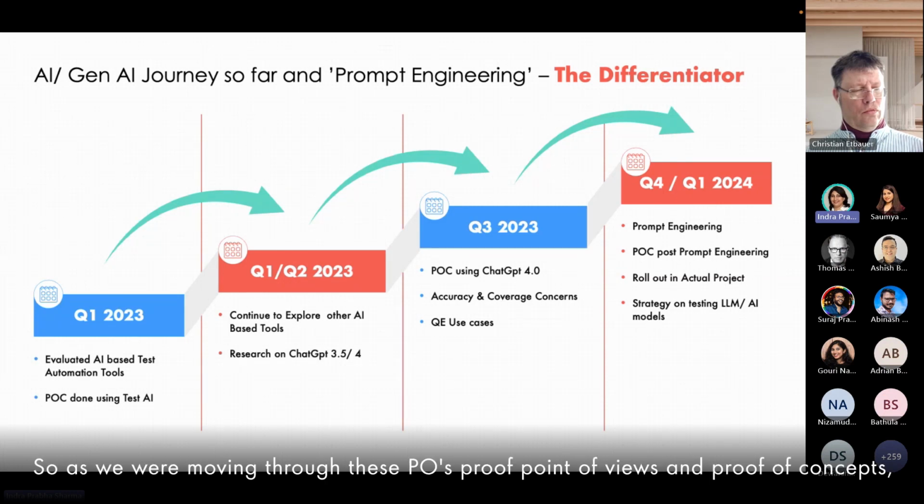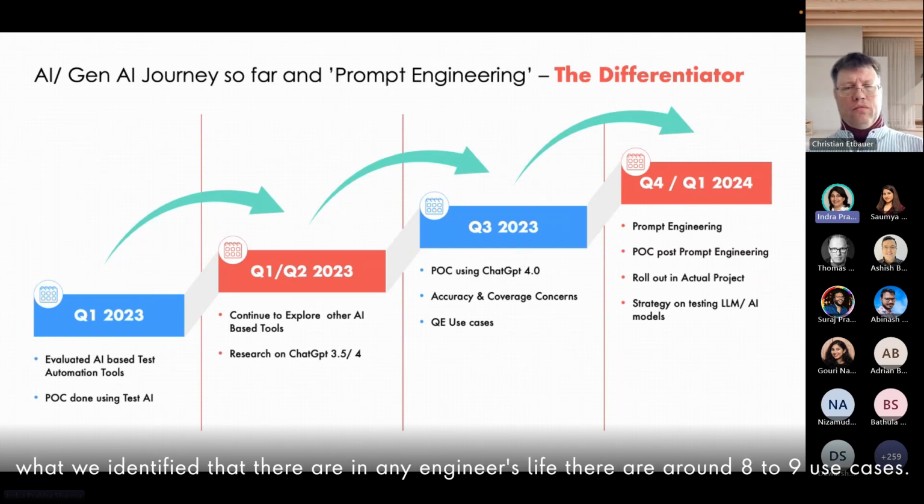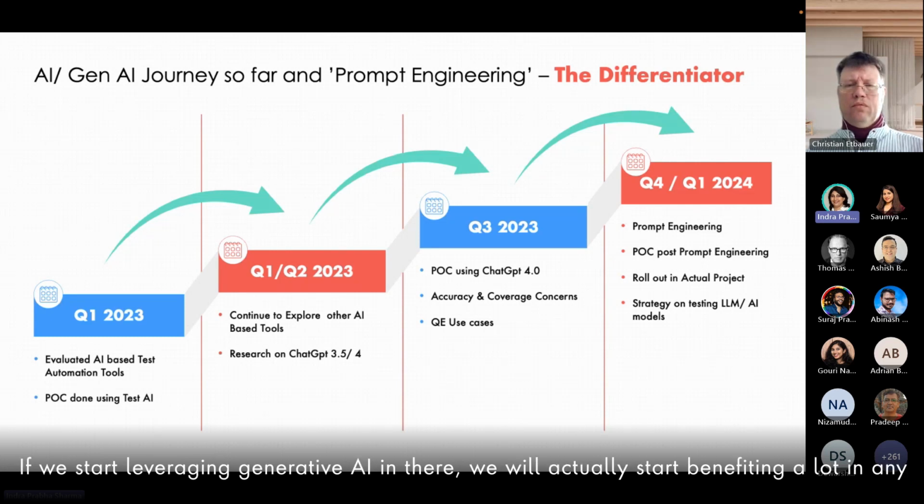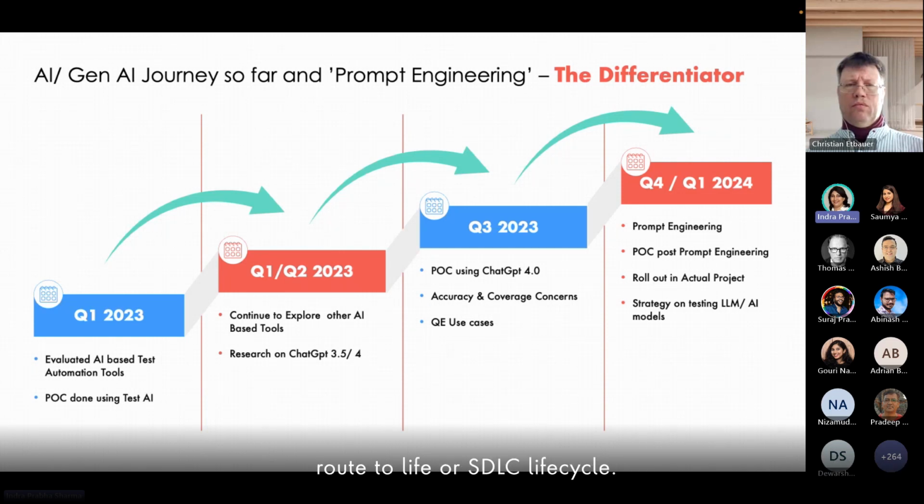As we moved through these proof points of view and proofs of concept, we identified that in any engineer's life there are around 8 to 9 use cases. If we start leveraging generative AI there, we will benefit a lot in any route to live or SDLC life cycle.